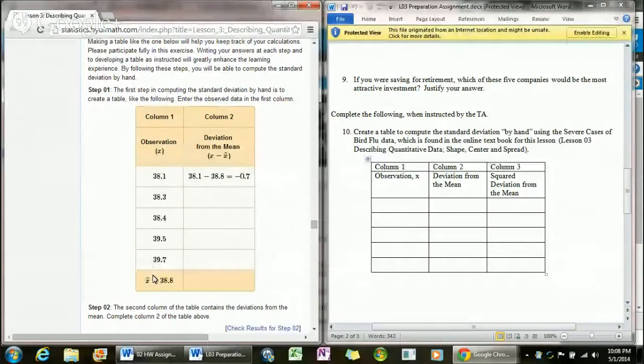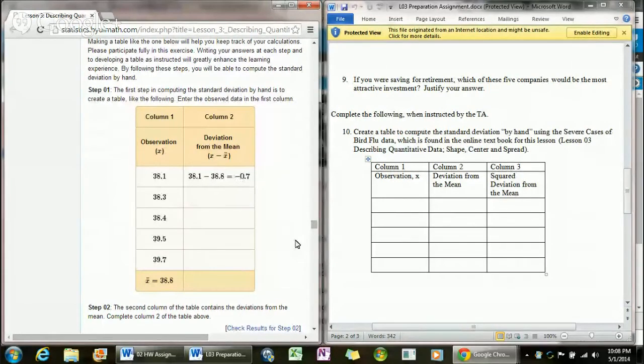Okay, so like the 38.1, 38.3, 38.4, 39.5, 39.7. So we're going to put that there, and then the deviation from the mean is the 38.1 minus the 38.8. So that's x minus x bar. So that would give us that.